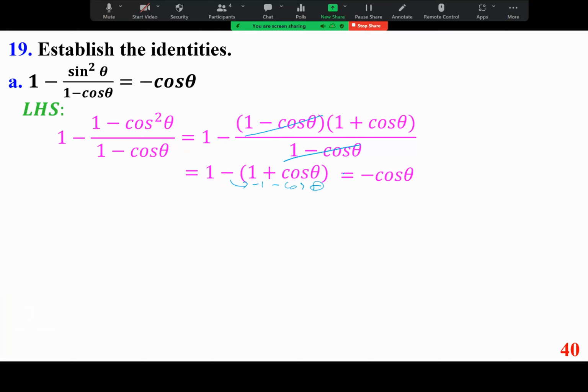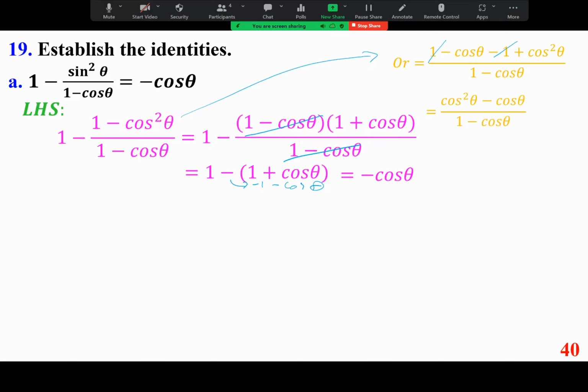The second methodology is to take a common denominator of 1 minus cosine theta. So we get 1 times 1 minus cosine theta. We can do it this way too. As you can see, these two cancel each other. And we can factor the cosine theta out from what is left. It's cosine squared minus cosine theta.